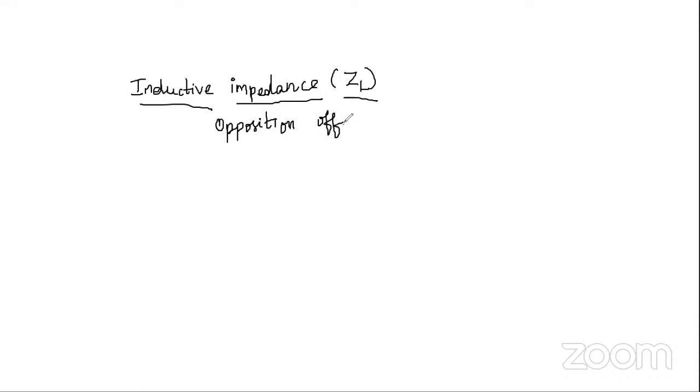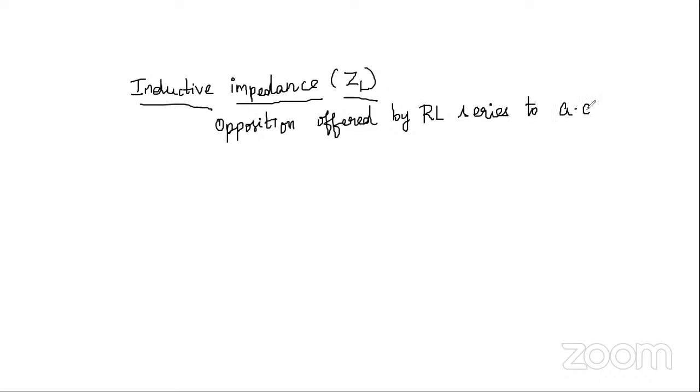This impedance is a word which you will use when you have more than one element in the AC circuit. Here you have both resistor and inductor, that is more than one element. So you should use the word impedance. Impedance is the collective opposition offered by all the elements present in the AC circuit to the flow of AC. So here inductive impedance means opposition offered by the RL series, inductor and resistance in series, to AC.